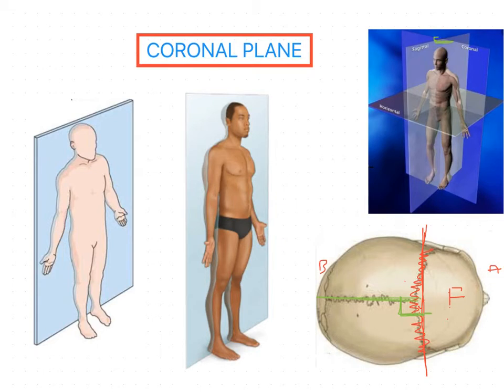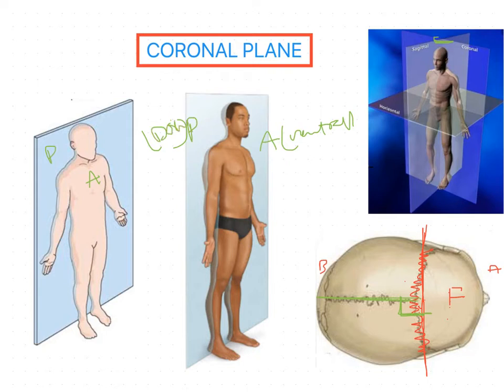What happens if the body is cut in this plane? It divides the body into an anterior part and a posterior part. The anterior part is also called the ventral part and the posterior part is called the dorsal part.